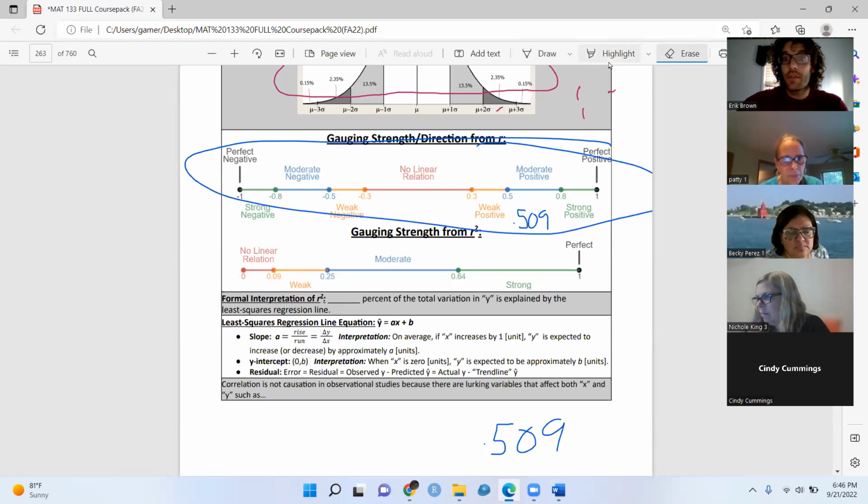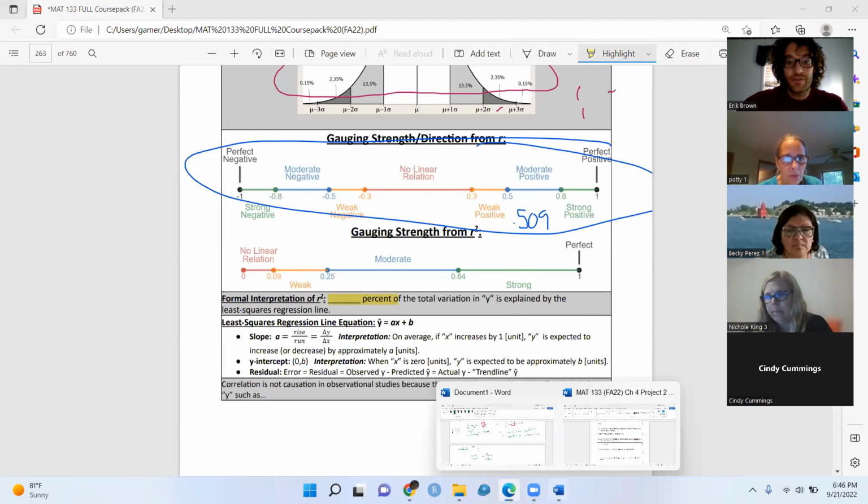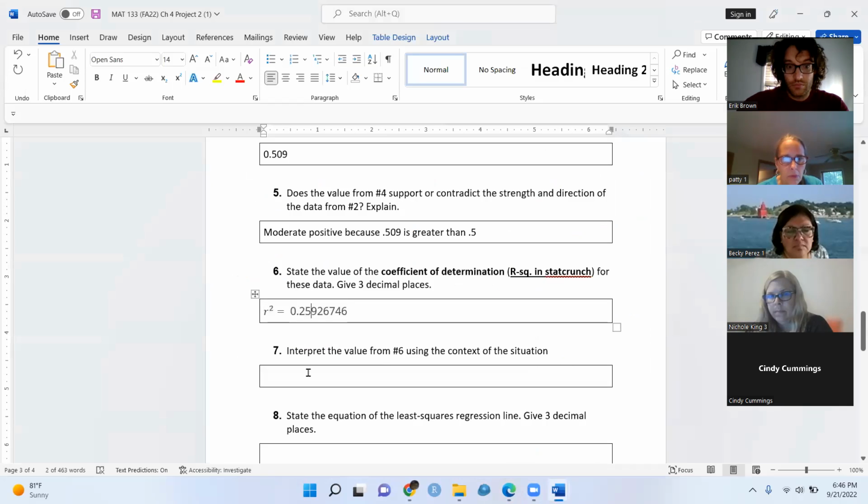Now we have to do one thing, a common mistake. Note this is a percent. R squared is given to you as a decimal.